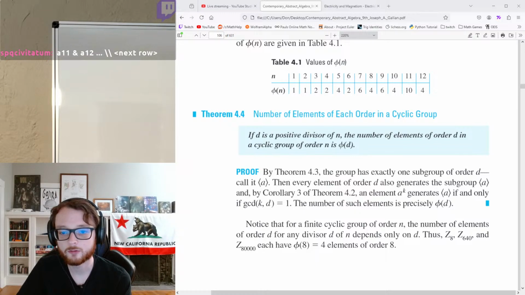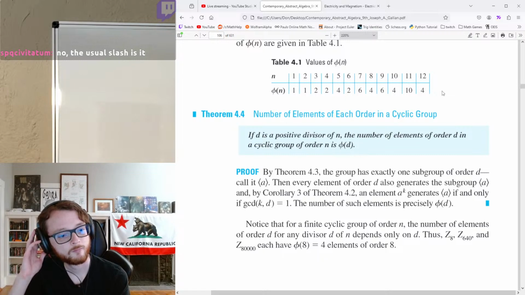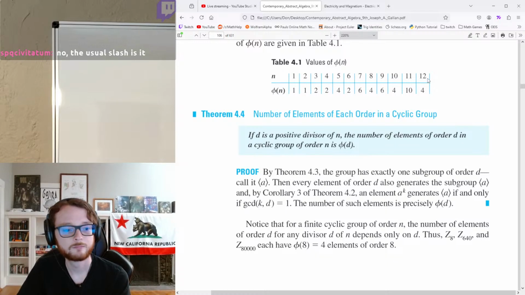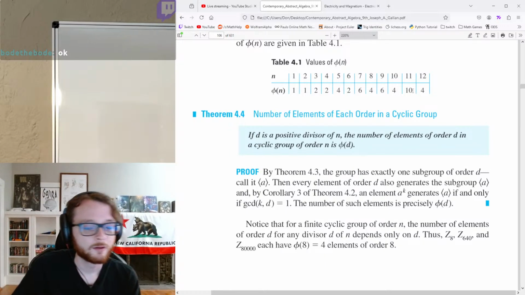I don't think the cheat sheet includes matrices though. Yeah, I don't see it on here, annoyingly. Oh, okay, so you really just use the usual slash, is it? Interesting. Okay.